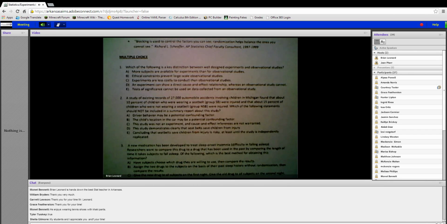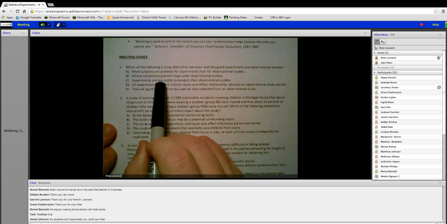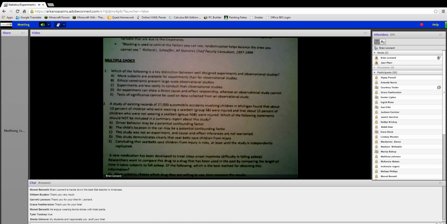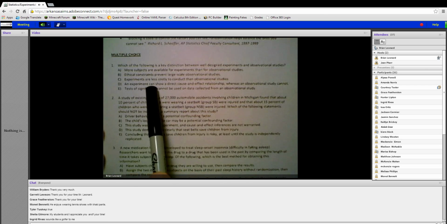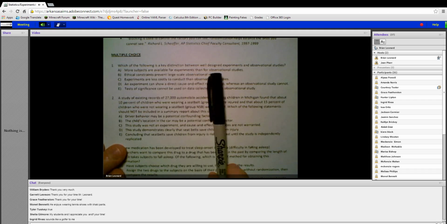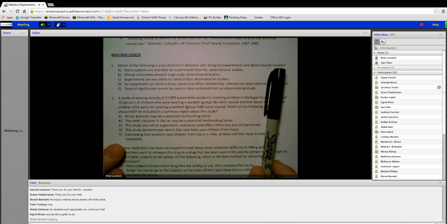All right. So let's look. Which of the following is a key distinction? Now the problem is, Issa, if you don't have the packet, I don't know what year this is from. So bear with me, but we can still look at them here. I'll read it to you real quick. It says, which of the following is a key distinction between a well-designed experiment and an observational study?